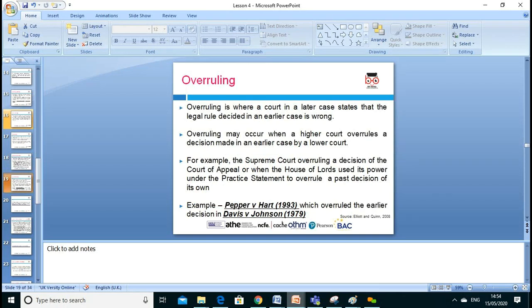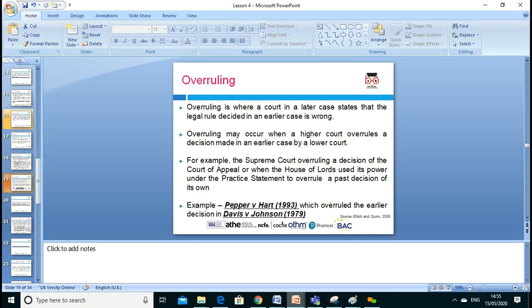Overruling is where the court in a later case states that the legal rule decided in the earlier case is wrong. That was the wrong decision. Maybe some judge did not look at the other facts or the other angle of the case, or the reality at that moment. Overruling may occur when the High Court overrules a decision made in an earlier case by a lower court.